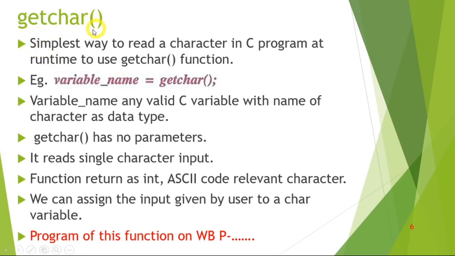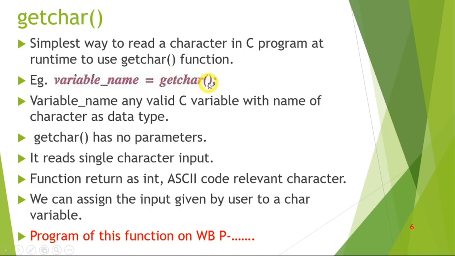First is getchar. It is the simplest way to read a character in a C program at runtime. So we use the getchar function. We give a variable name, equals getchar, and small brackets.